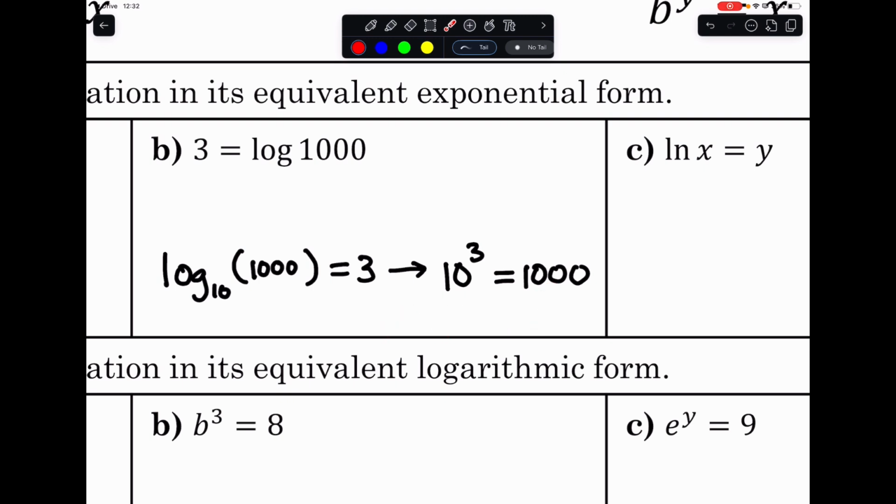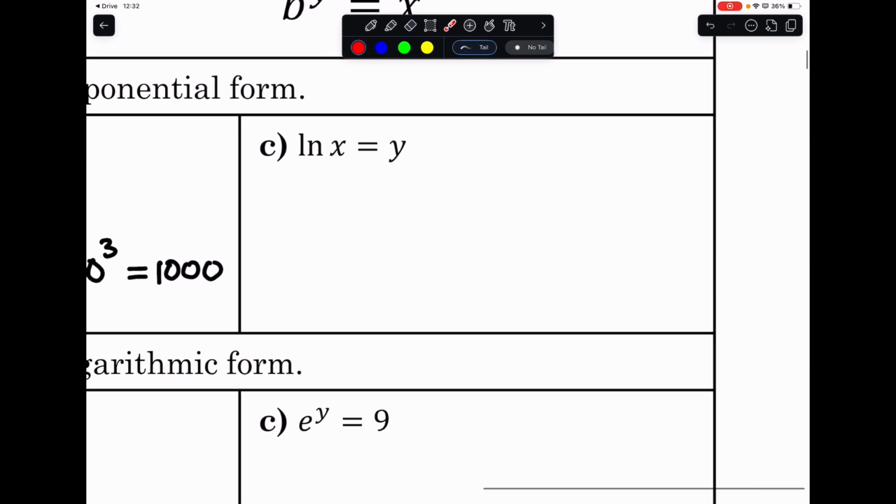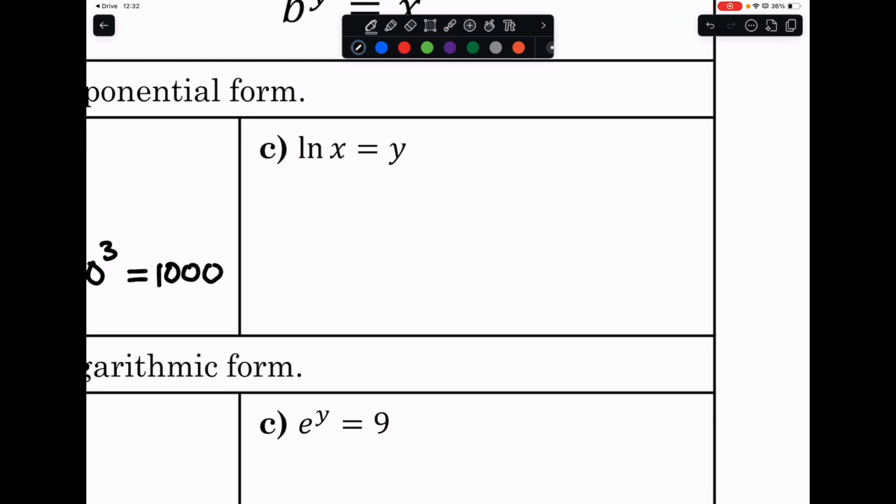So what we're practicing here is, given a logarithmic equation, how does that correlate and translate to an exponential equation? Now, let's do one with natural logs. Recall that a natural log means that our log has a base e.